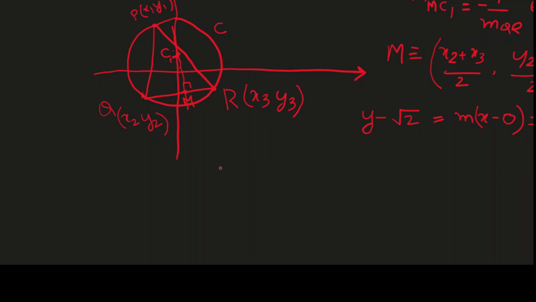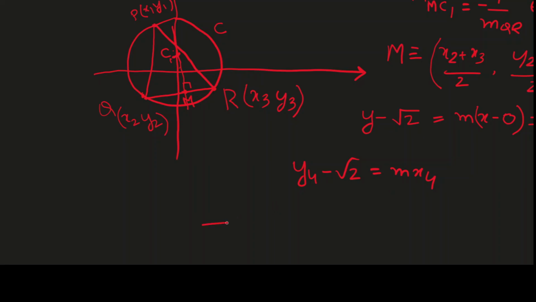Now MC1 passes through M, so let's just take M as (x4, y4), which we already know as (x2 plus x3) by 2 and (y2 plus y3) by 2. I'm just giving it a short notation.